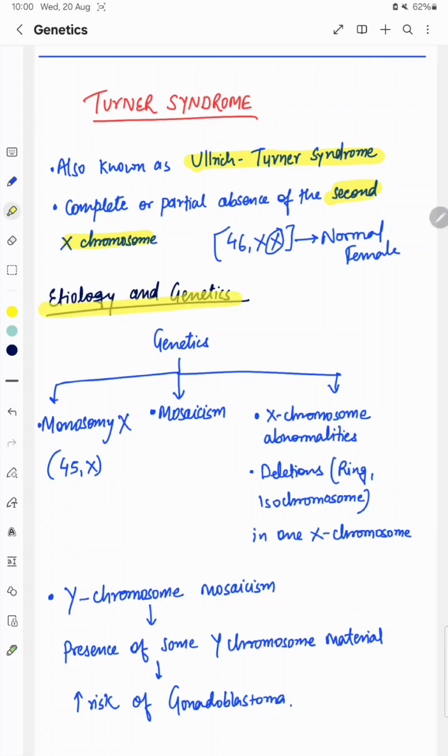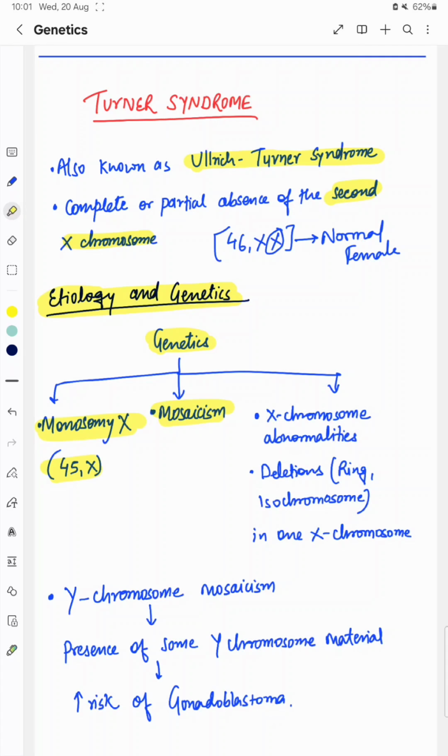So what is the etiology and genetics involved in Turner syndrome? There are three genetic forms of Turner syndrome. The majority of cases are because of monosomy of the X chromosome, a complete or partial loss of the second copy of the X chromosome. A few cases show mosaicism, in which some of the cells represent a normal female karyotype and some cells represent 45 chromosomes with the loss of one X chromosome.